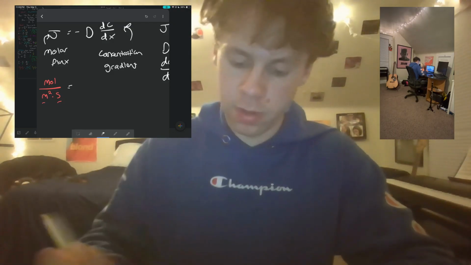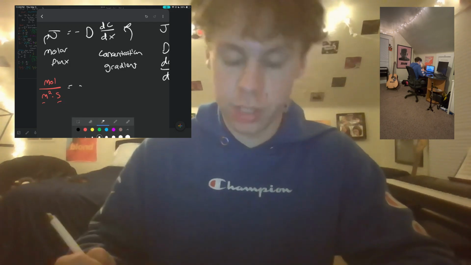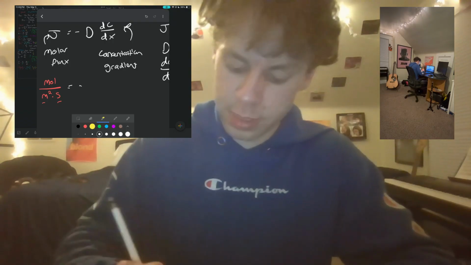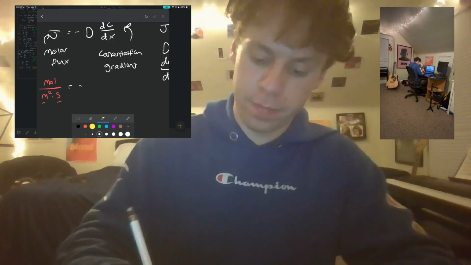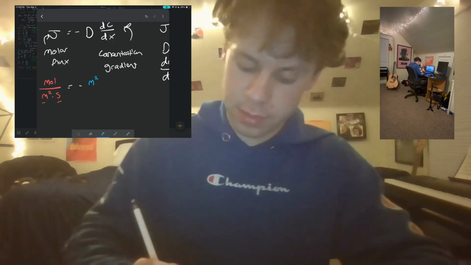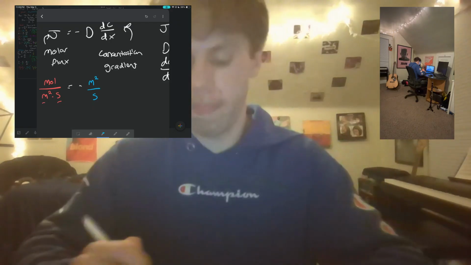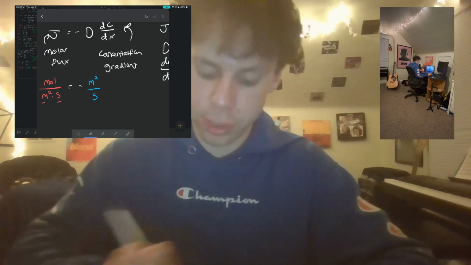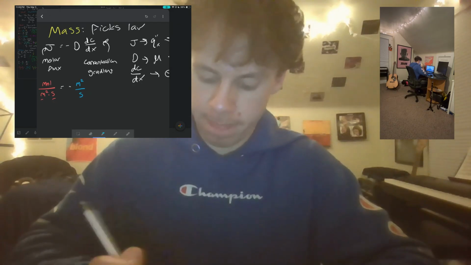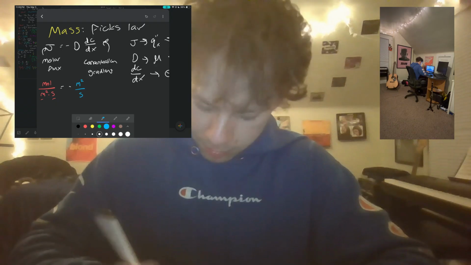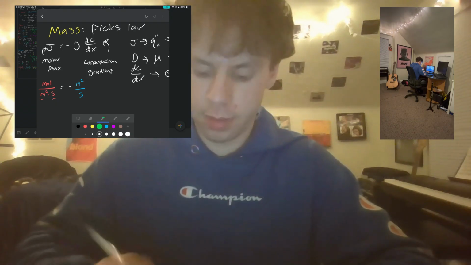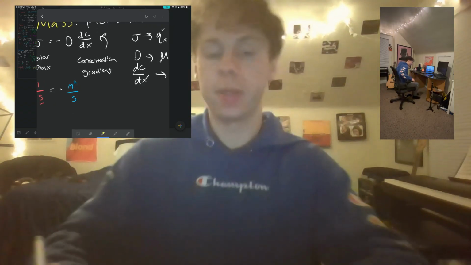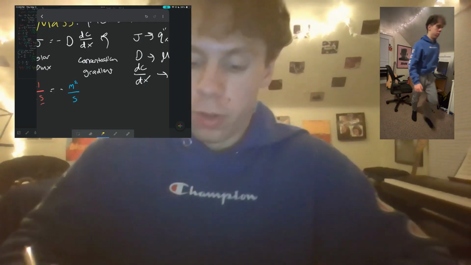the negative of our diffusion coefficient, which, believe it or not, is in our favorite meter squared per second units, and then our concentration gradient, concentration being moles over a volume.